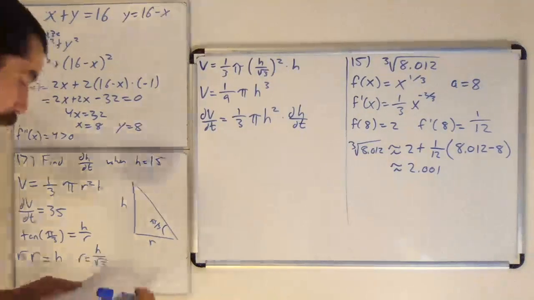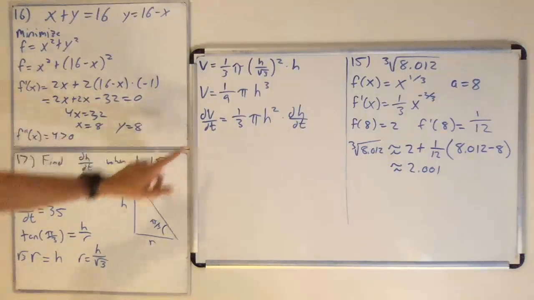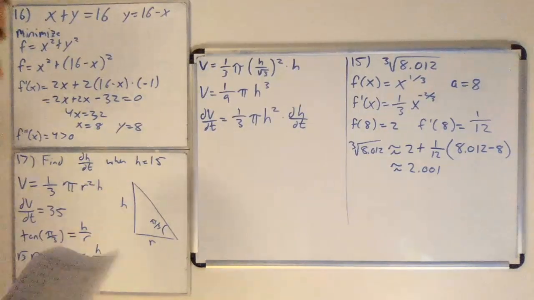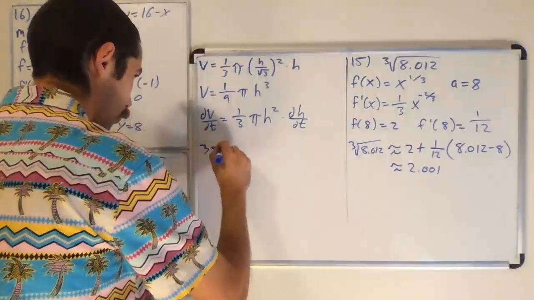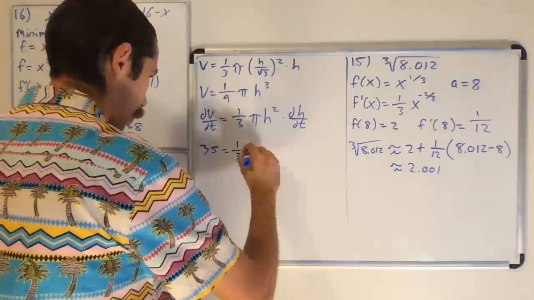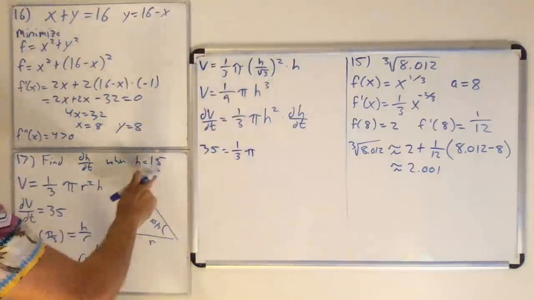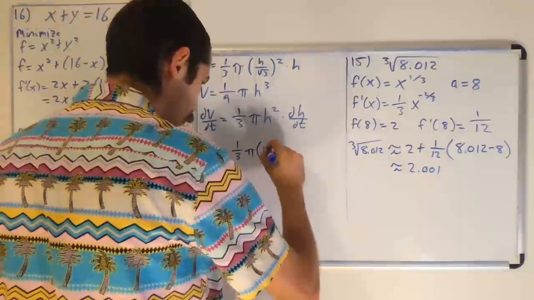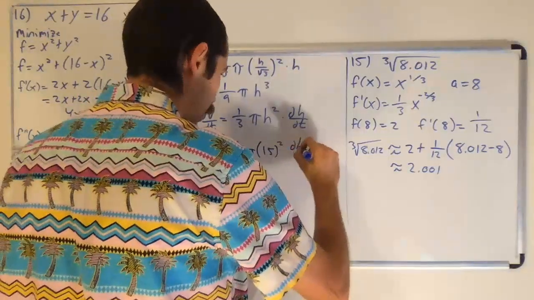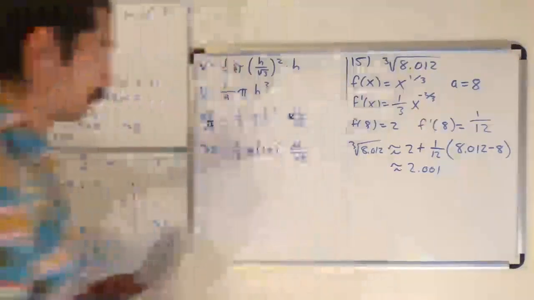And now let's plug in the information we were given. We know dV/dt is 35. We know h is 15. And we're trying to find dh/dt.